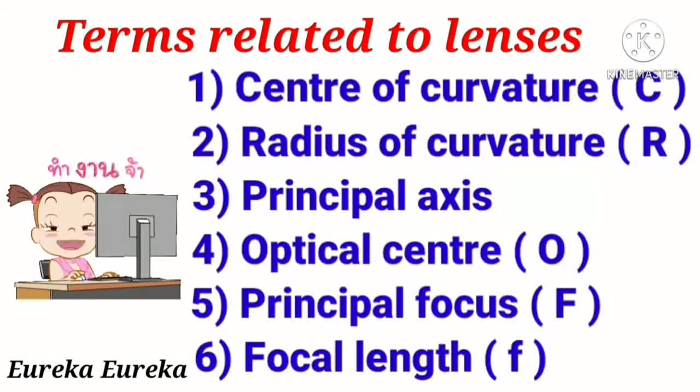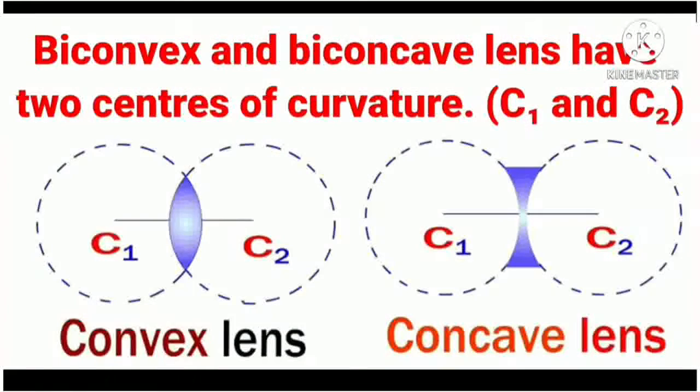The terms related to lenses are center of curvature C, radius of curvature R, principal axis, optical center O, principal focus F, and focal length small f. The center of curvature C: the centers of the spheres whose parts form the surfaces of the lens are called centers of curvature of the lens.